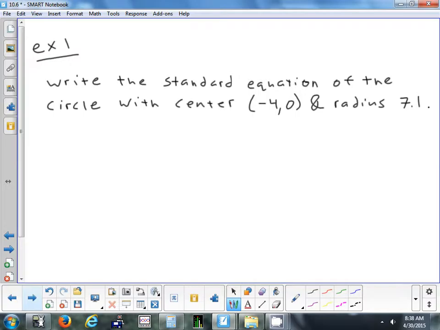When I write the equation, what are the 3 letters I need to know? We put blue boxes around them on the other page.